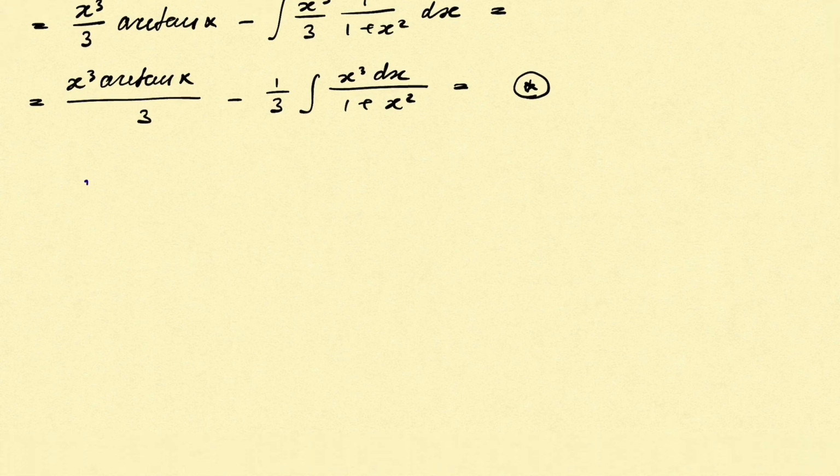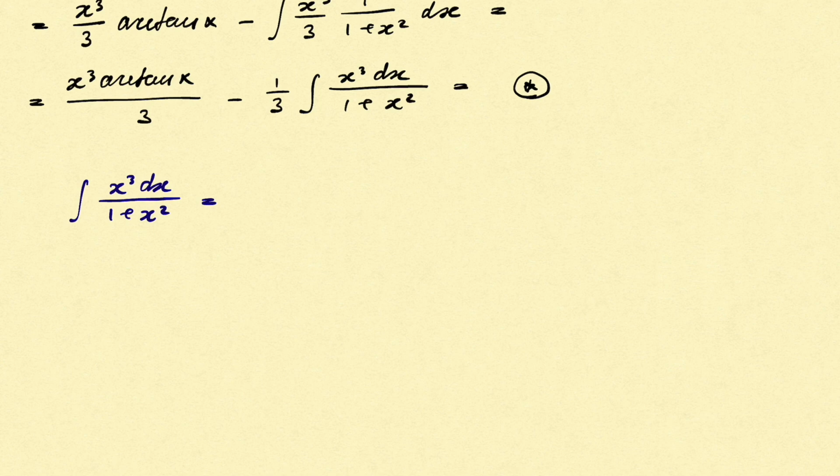Let's write it here, x cubed dx over 1 plus x squared. How should we do this? Okay, I'll record a video on how we should deal with the rational functions and their integrals, but for now, because the degree of numerator is bigger than the degree of denominator, we should first divide it.